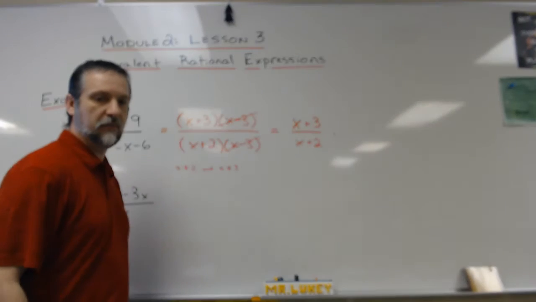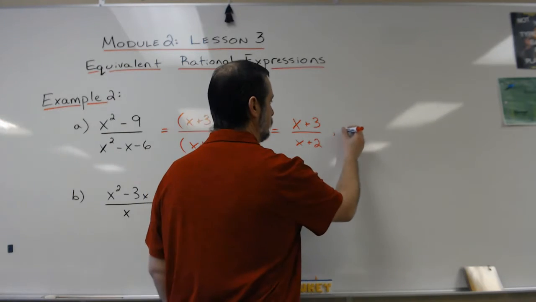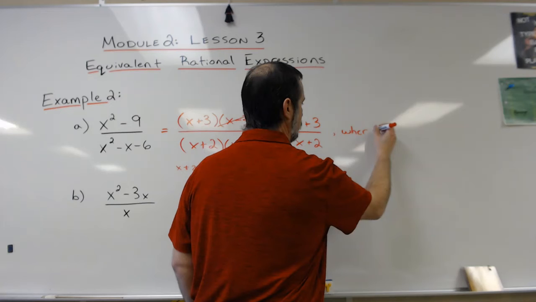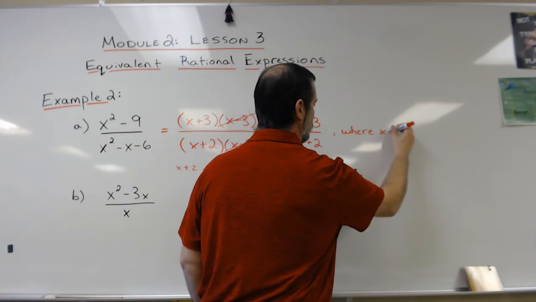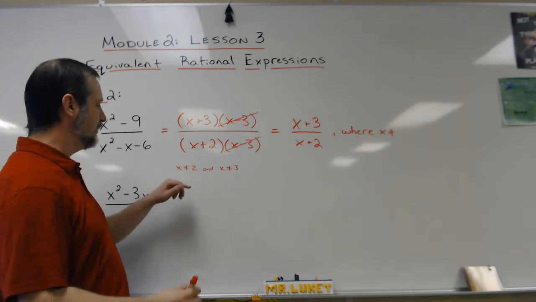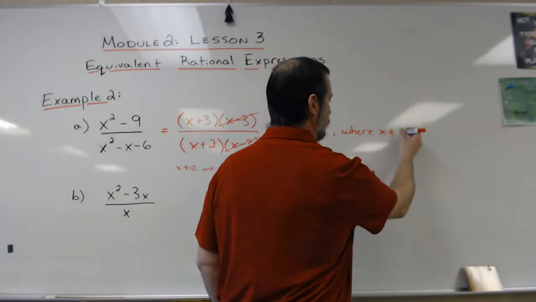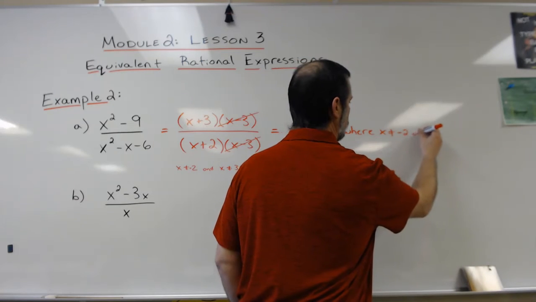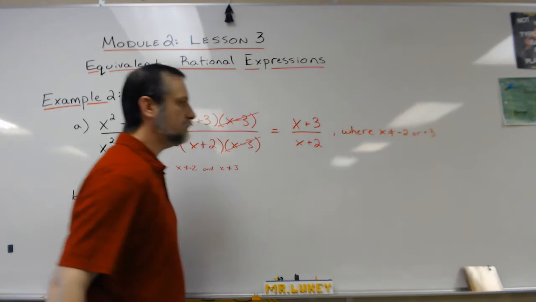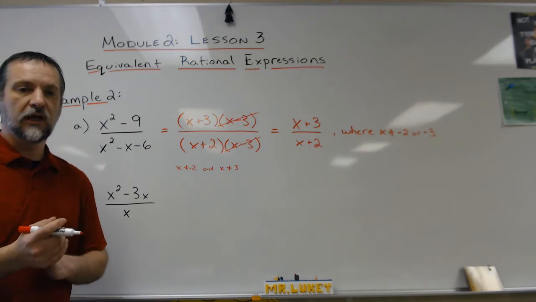We're going to put a little comma, and then state that x cannot equal our non-permissible values, 2 and, oh, did I write that? That should have been a negative 2 and a positive 3. And that is it. We have a simplified rational expression.